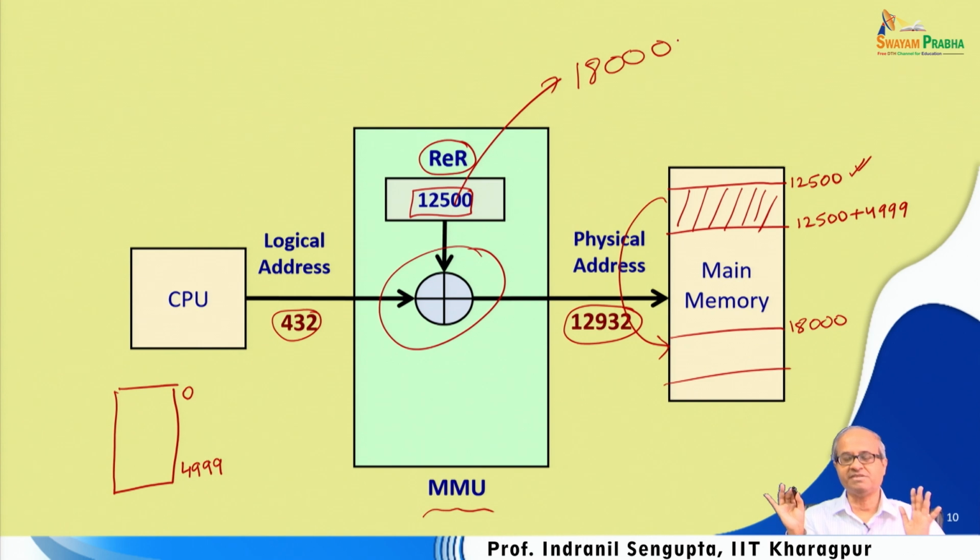The program remains the same, with no change required. This is what is meant by relocation. You can move a program around in memory and the logical to physical address translation will be done by someone else, here the memory management unit.